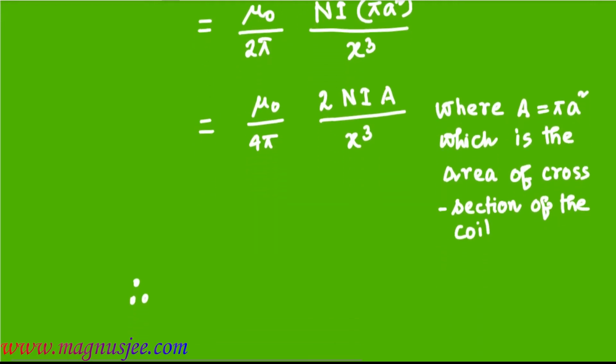Therefore, B equals μ0 by 4 pi, 2 N i capital A divided by x cube.